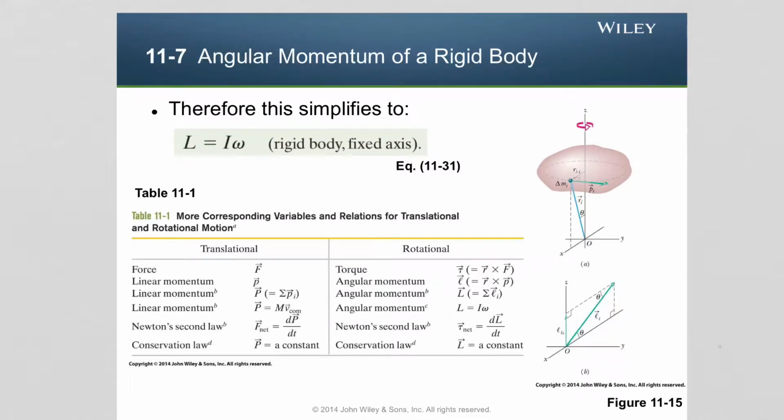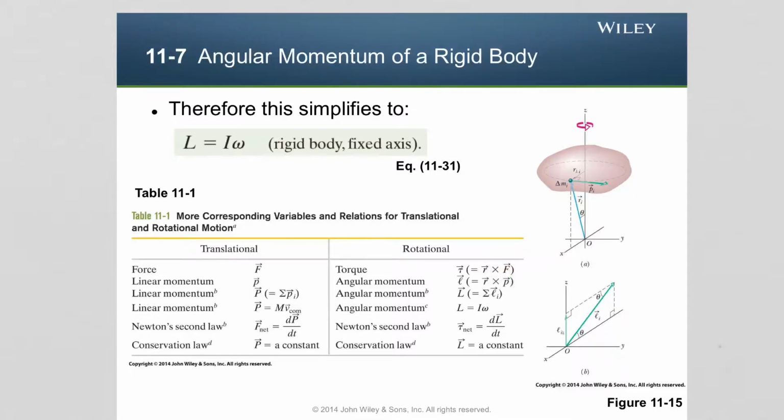So here in this table, we have another match between linear and rotational variables or quantities. So for translational motion, we have force. For rotational motion, we have torque. And so torque is a vector quantity that's equal to the cross product between the position vector of a particle in space and the force vector that's applied to that particle.